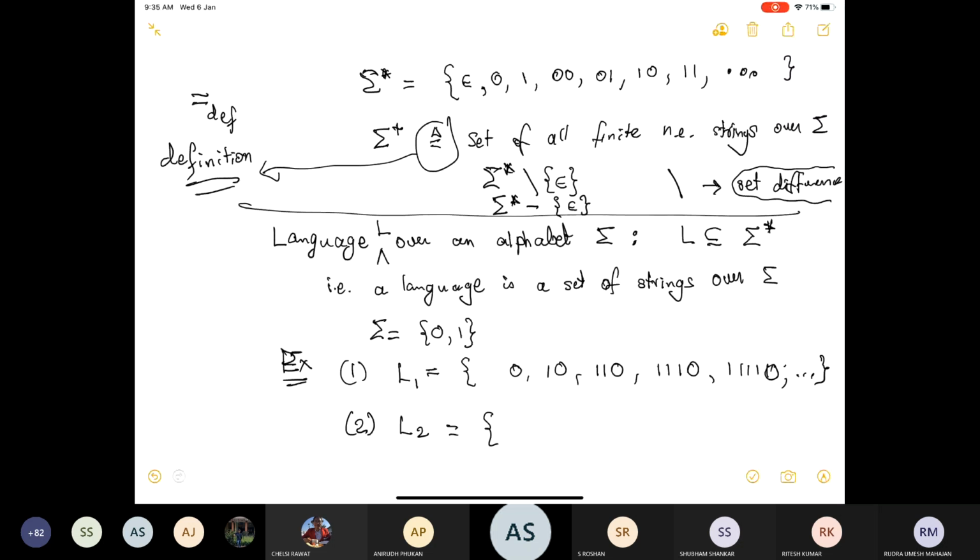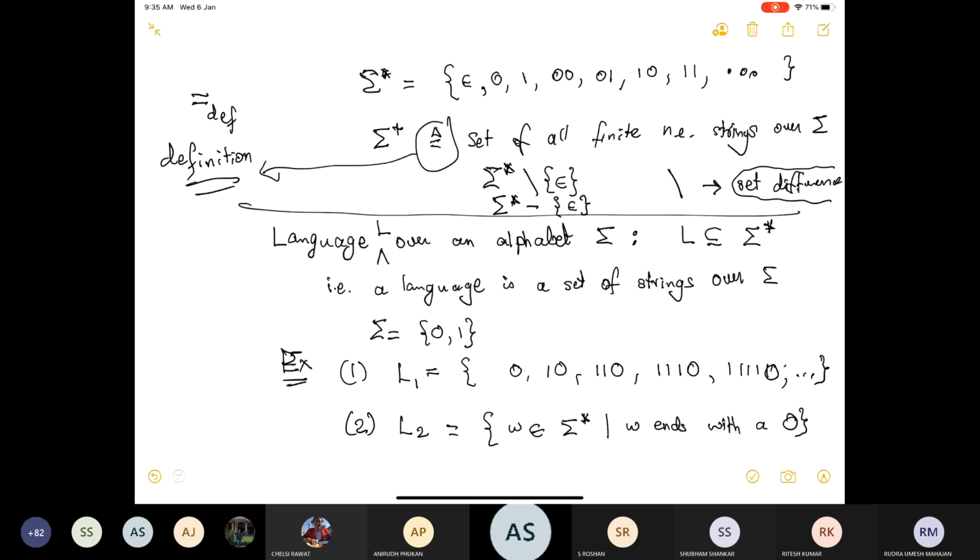Set of all strings W. This L2 is different from L1 because it says nothing about the initial part of the string.